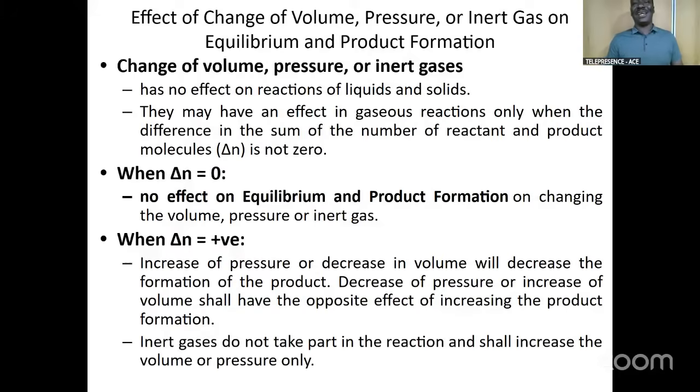So that delta n, the change in number of moles, which of course is defined as the number of gaseous products minus the number of gaseous reactants, will be equal to 2 minus 2, which is equal to 0. For such a reaction, change in pressure or change in volume or addition of inert gas has no effect whatsoever on the position of equilibrium. All right, so that is number one.